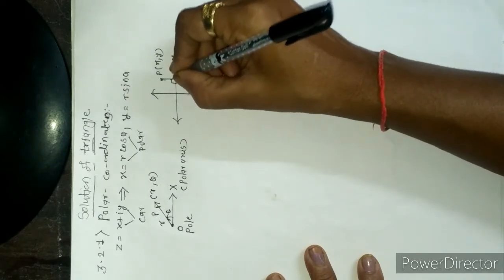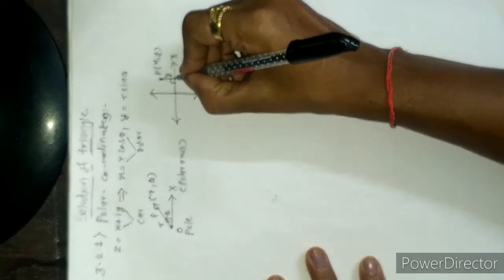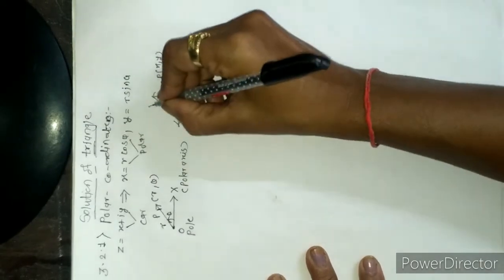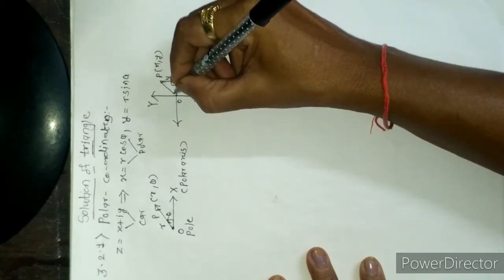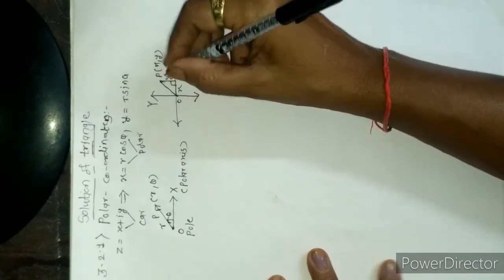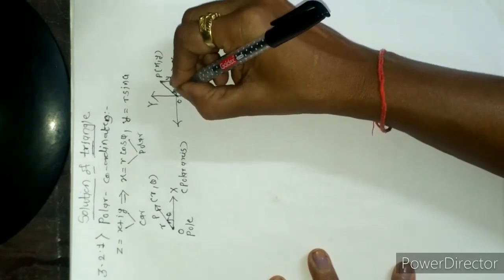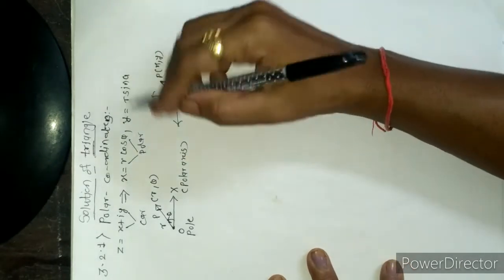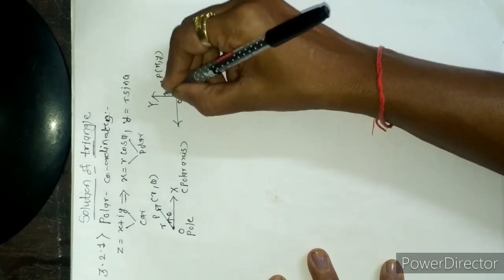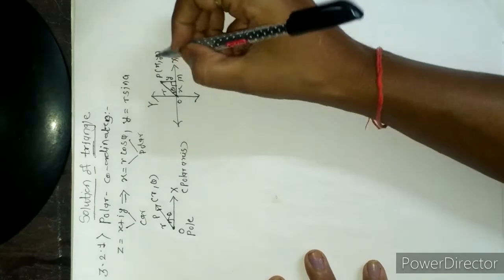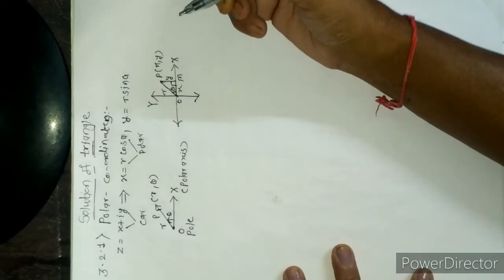This distance from the x-axis is called the y coordinate, and this distance from the y-axis is called the x coordinate. Now if we join O with P, with perpendicular PA, the polar angle is denoted by theta and the distance OP is equal to r. From this we get the relation between polar and Cartesian coordinate systems.